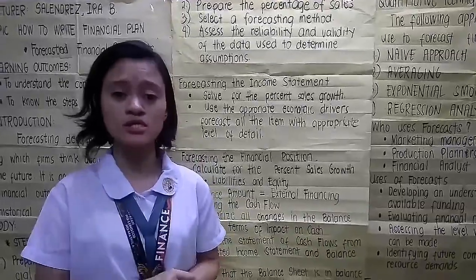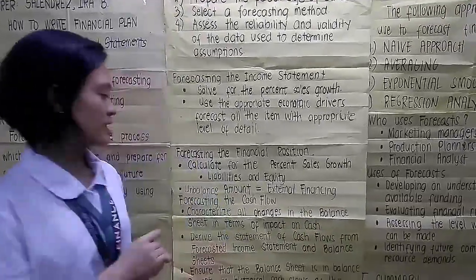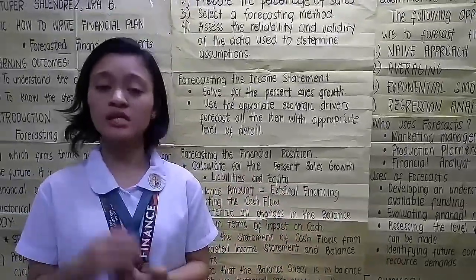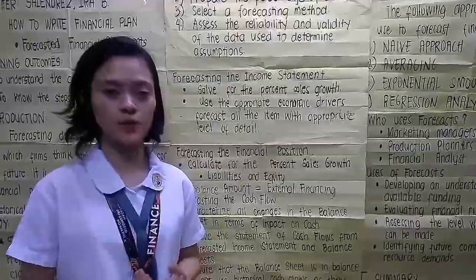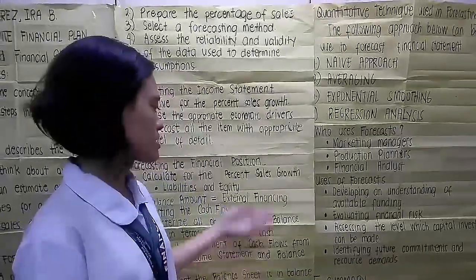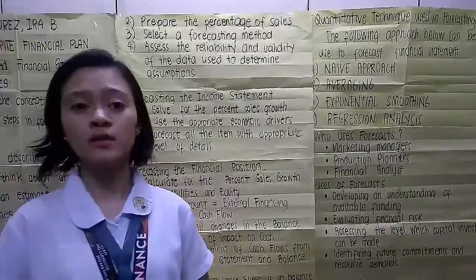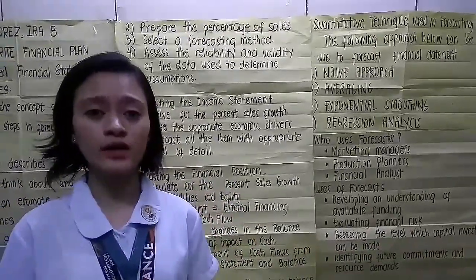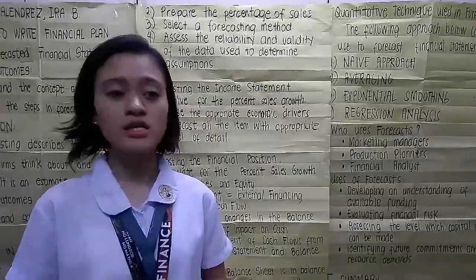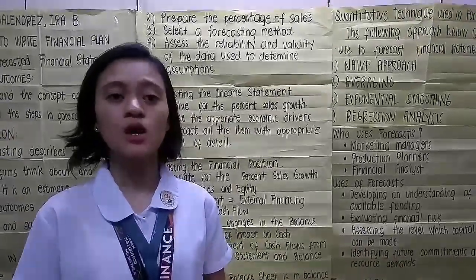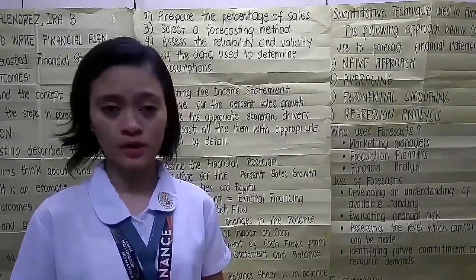This assumption relates the assets, liabilities, and equities to sales revenue. In preparing the percent sales growth of the financial position, only the current liabilities are likely to vary directly with the sales, except for the notes payable, which change as the firm pays or makes an additional borrowing.